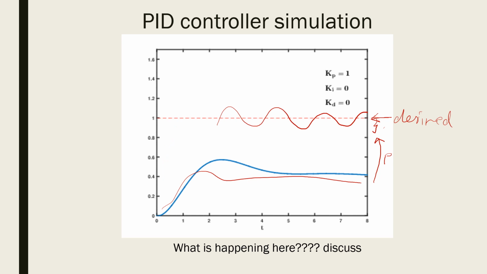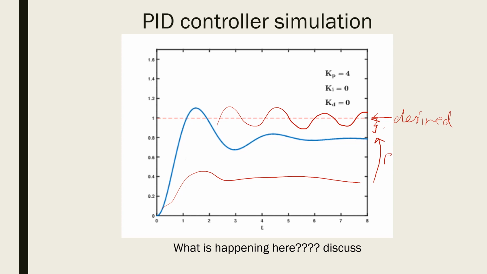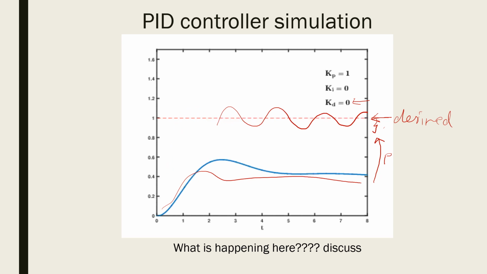So your desired value is actually in the middle of the signal wave. Now, if you increase Kd, the last one, it will flatten the signal. So you can actually have a steady signal.